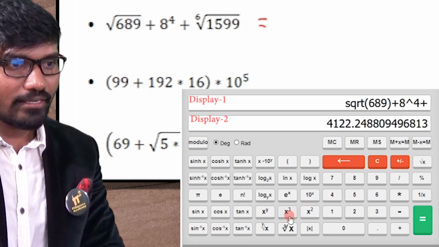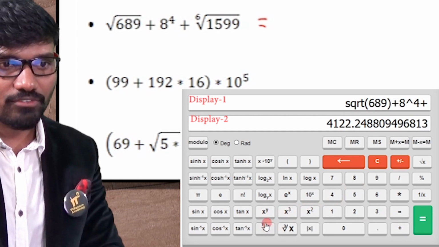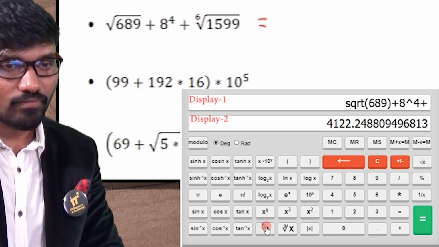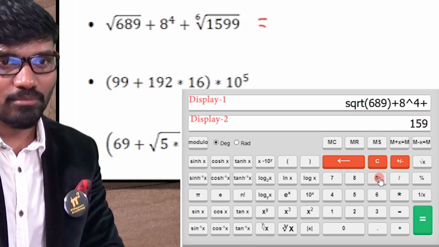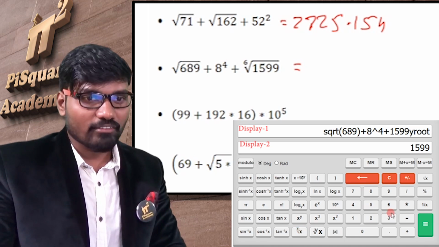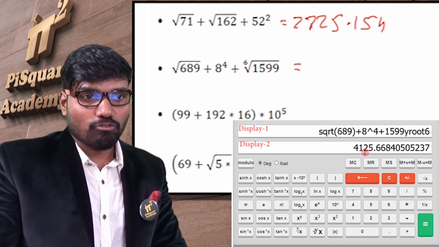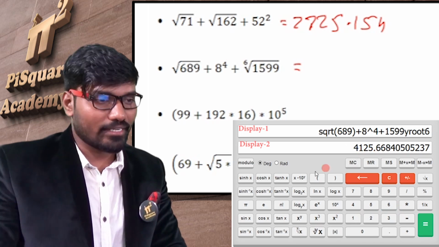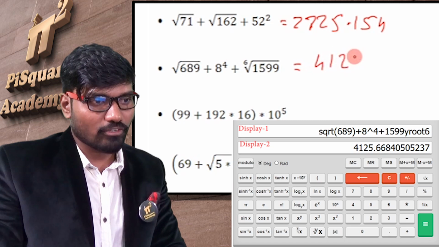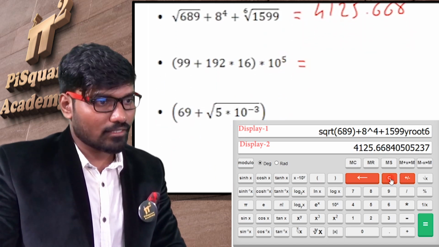Plus next, 6th root of 1599. So for this function, I need to enter the value of x first. Always x first, remember this. Then hit this. Then of course you should enter the value of y also. Y value is 6. Okay. So this is the final answer, 4125.668. Let's try this. Clear it.